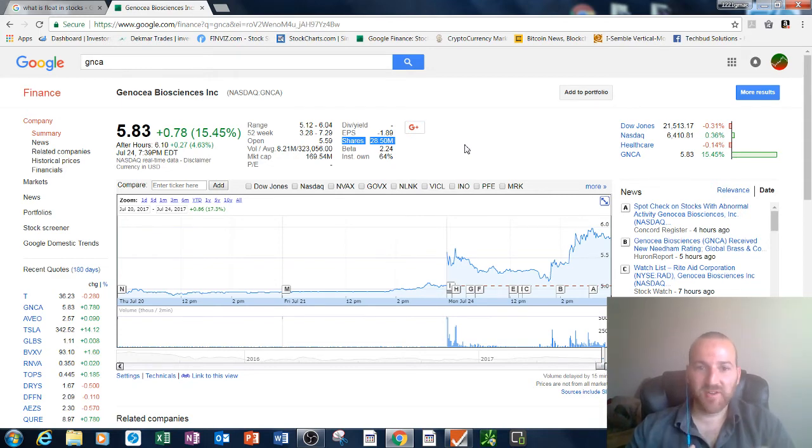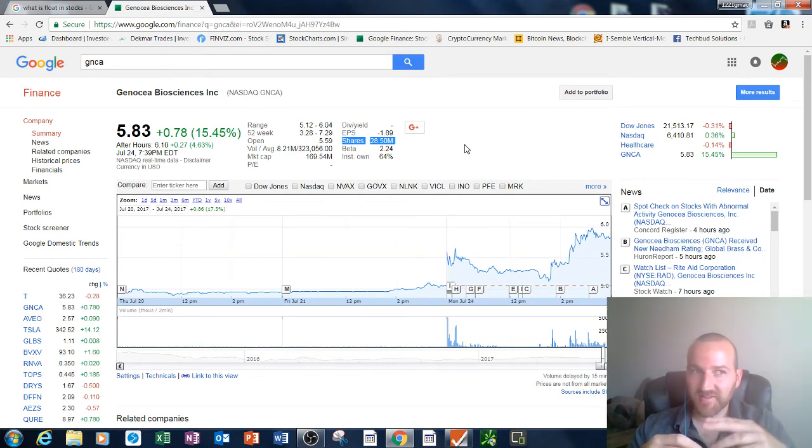Pretty much under 20 million would be considered low float between the $1 and $10 stock prices. But 28 million, you can make money on that. You just have to have a really good story. Since this is a bioscience company, perhaps they get FDA approval or something like that, and then people start buying it, and since there are so few shares available, when people start buying it up, the stock price shoots up.